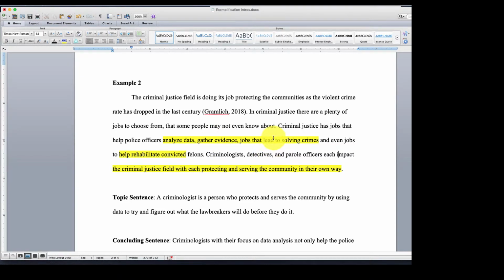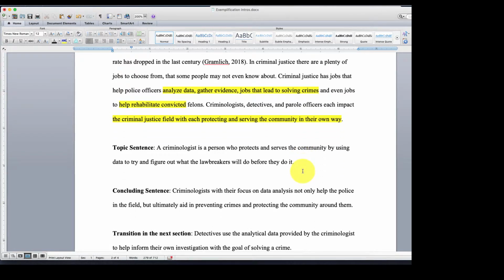Leading to solving crimes is also detectives. And rehabilitate is parole officers. The thread that's going to follow each of the paragraphs and go throughout it is going to be protecting and serving the community.